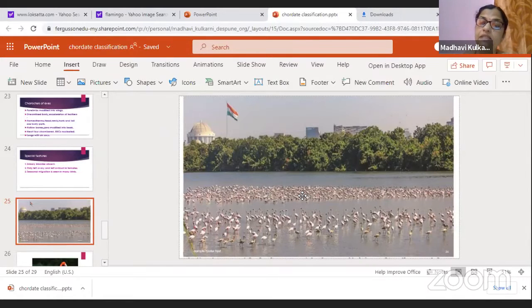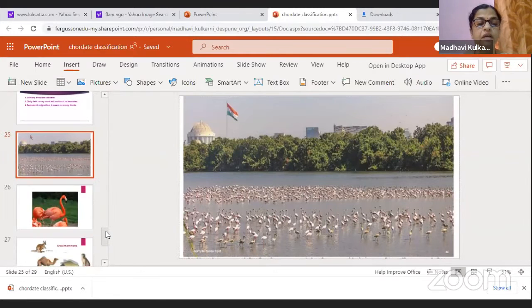They are coming to this place from Siberia, very long distance they are traveling, and they are escaping their main place, their severe cold, and they are visiting this warmer area. They will live here for a few months, they will breed here, and along with their young ones hatched out, they will fly back to their original place. So this is a very interesting phenomenon.